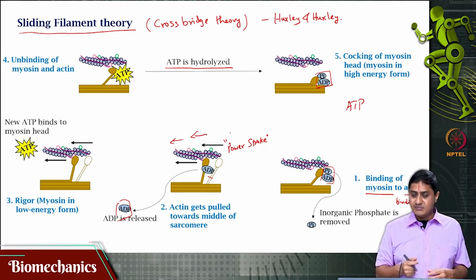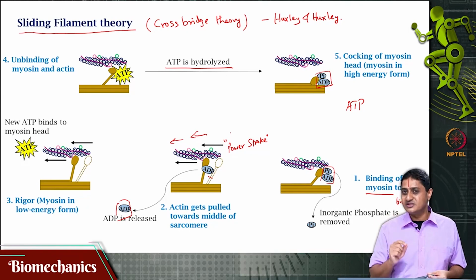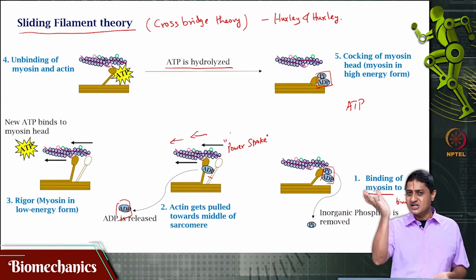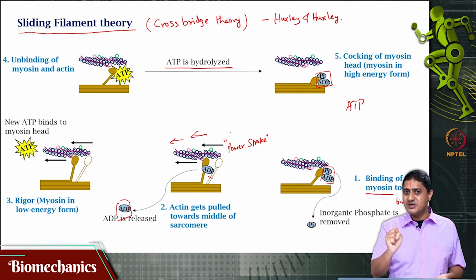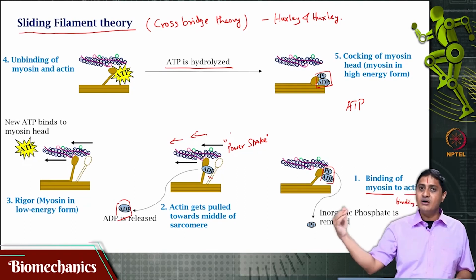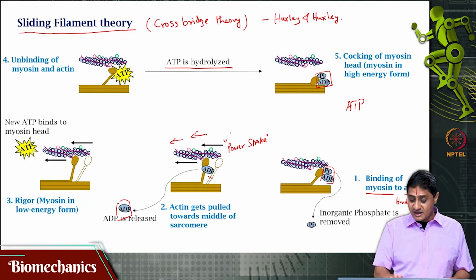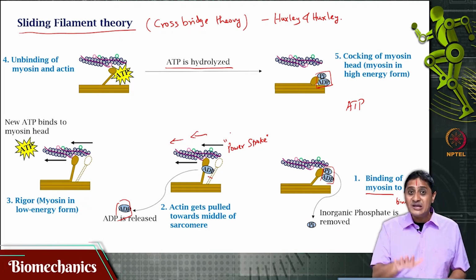Of course, this is not just one head that is pulling. We have hundreds of these heads, all of which are simultaneously attached, all of which require ATP, all of which take energy and then pull in the same direction. All this force adds up and appears as muscle force, but here we are talking about what happens at the molecular level.